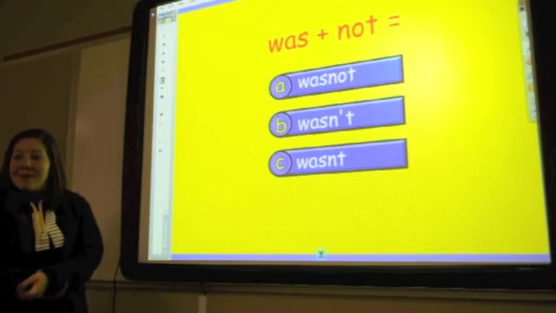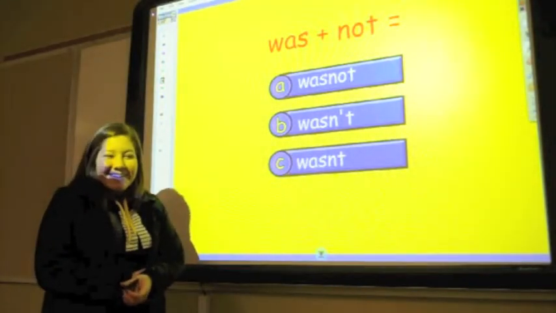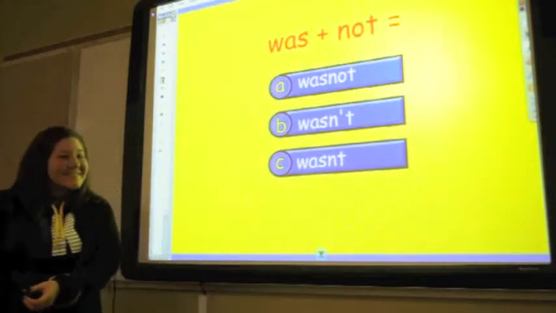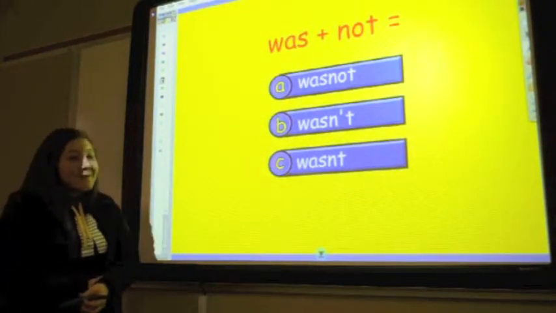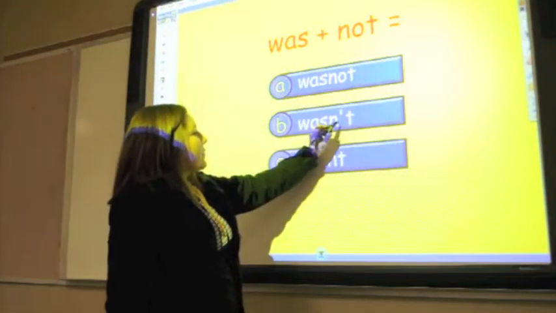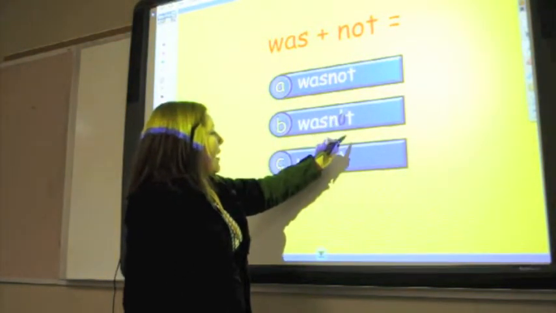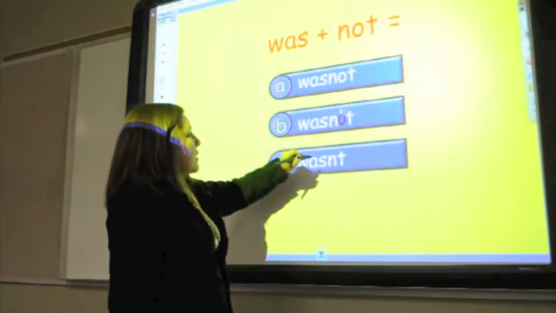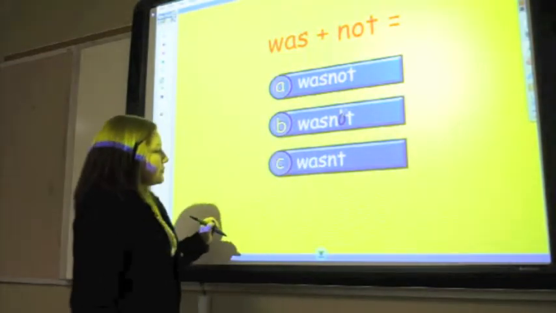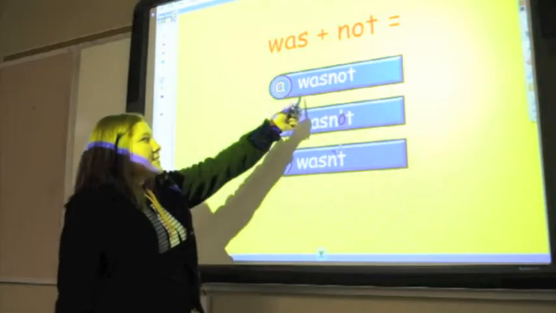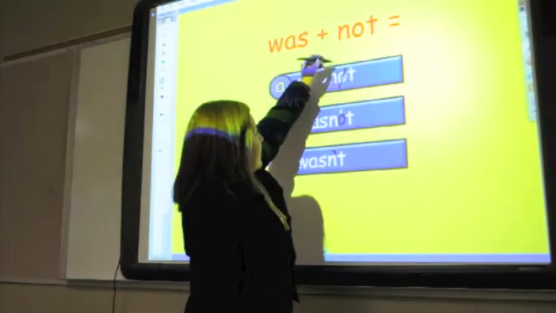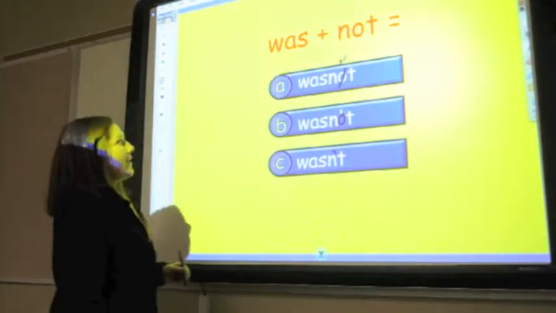Does anybody want to give it a shot? C? No, it's actually B. So remember we say we take the O out and we put the apostrophe there. So was not. C is really close except for just missing the apostrophe. And then this one is just take the O out, and that one's just completely wrong.